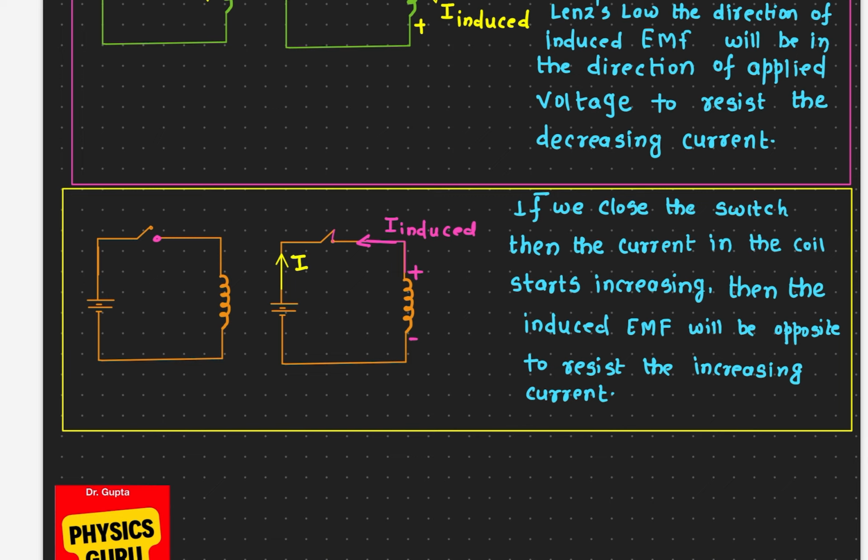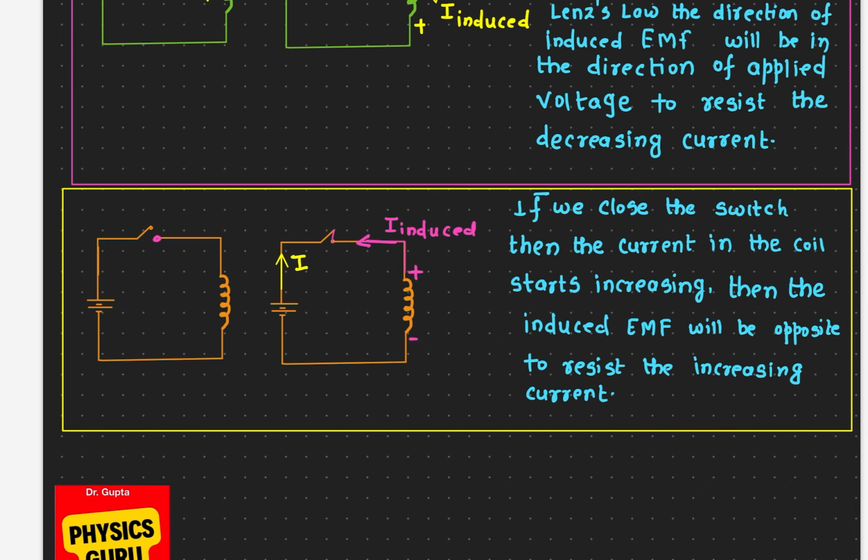It will take some time. Why? Because there is an inductor. It hates changes. It would like to oppose. So in order to oppose, the direction of the induced EMF will be opposite to the direction of the original current. If this is the direction of the induced EMF, then this terminal must be positive, and this terminal must be the negative terminal.